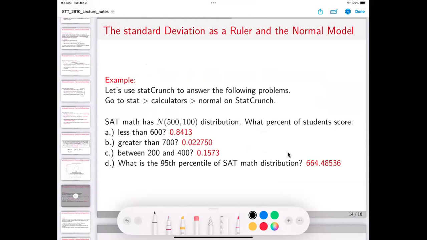Now, we want to learn how to use StatCrunch to answer problems from symmetric distributions or from the normal distribution. Let's read the problem. It's saying that SAT math has, so when you see this N here, it means that it is normally distributed. Is that okay? And then the first number you have here is the mean. Does that make sense? And then this is the standard deviation. Does that make sense?